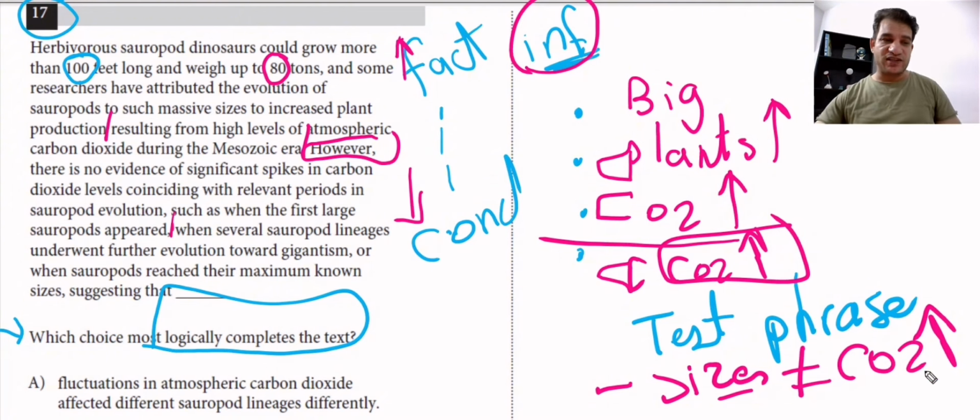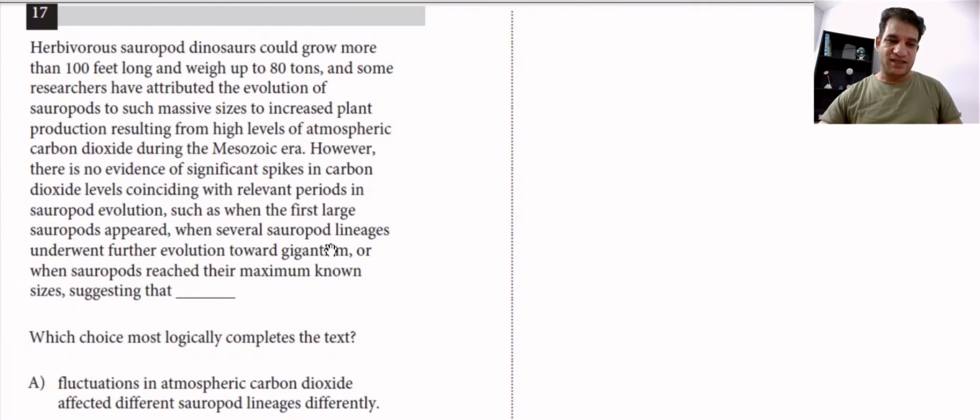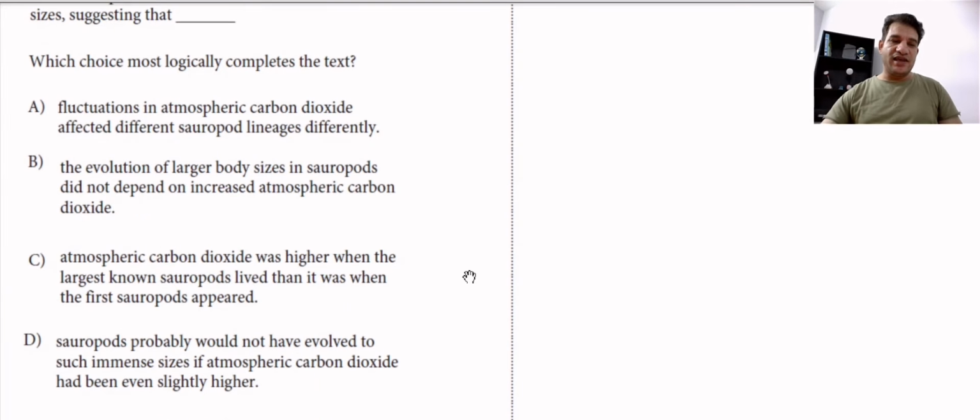We're going to take the test phrase and check it against the answer choices. So here A says fluctuations in atmospheric carbon dioxide affected different sauropod lineages differently, not related to our test phrase.